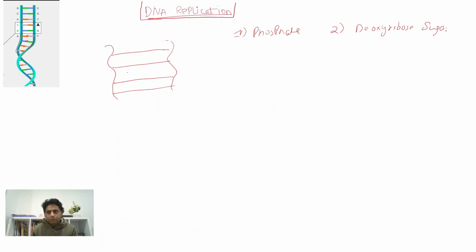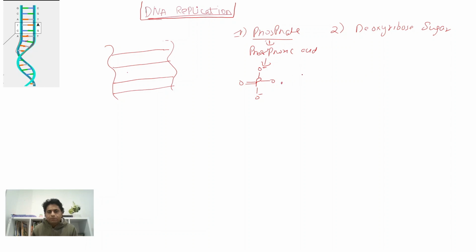sugar, deoxyribose sugar. The structure of the phosphate is very simplified. Normally, before it reacts with the deoxyribose, it is phosphoric acid. Okay, phosphoric acid, that's why we call the DNA structure acidic. So the structure is like that: the phosphate group in the middle, with oxygen and a double bond oxygen, and it has a negative charge.